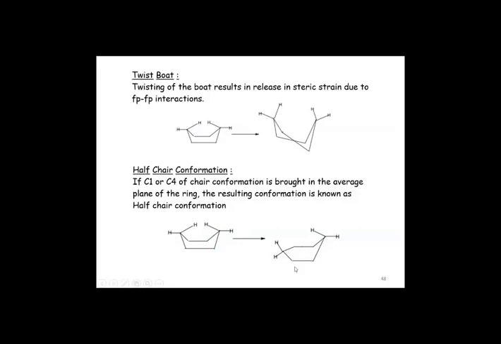As a result, the structure becomes somewhat like this. If carbon number 1 or carbon number 4 of the chair conformation is brought into the average plane of the ring, then the resulting conformation is known as the half chair conformation.